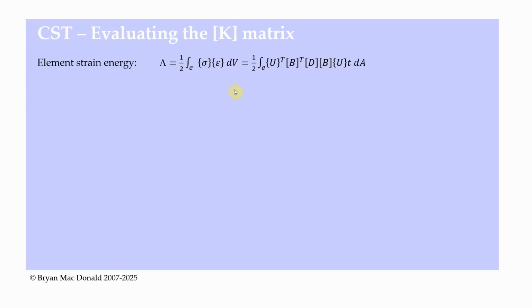And in terms of dV here, we've got a two-dimensional element, so we can replace that with dA and multiply by thickness, which would be constant throughout the element.